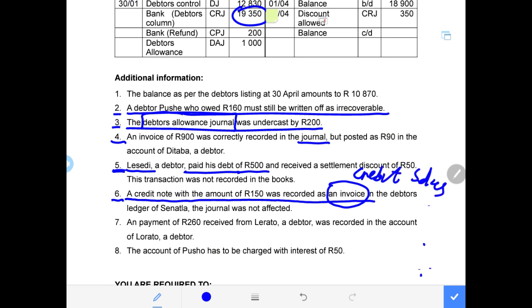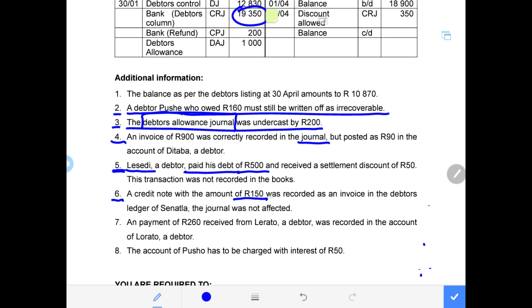When we record something as an invoice, it's recorded on the debit side, meaning our debit side increased, because we recognize it as a sale, and sales done on credit increase debtors. So that means we have increased our debtors on the debit side. Now let us check who recorded this correctly or incorrectly while we are busy with the analysis.